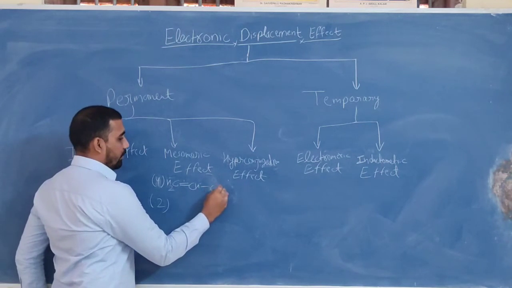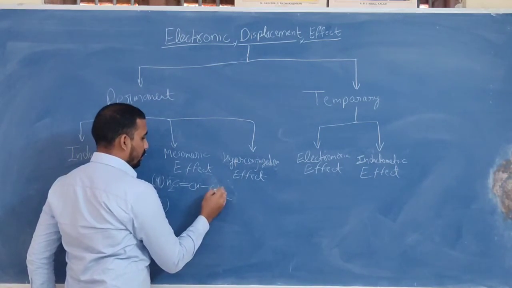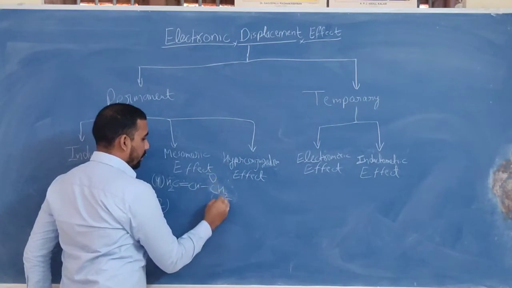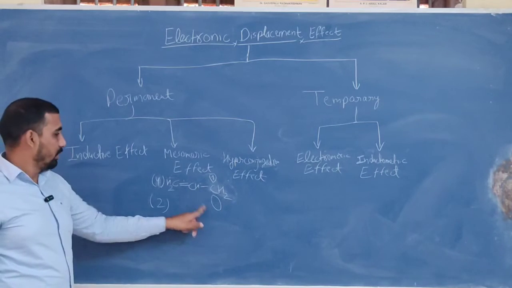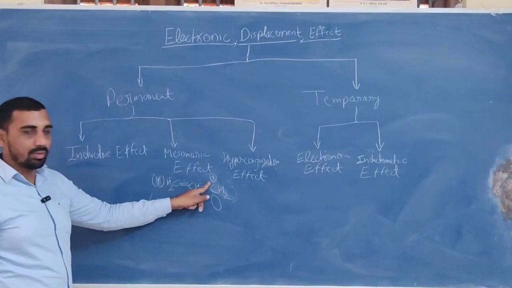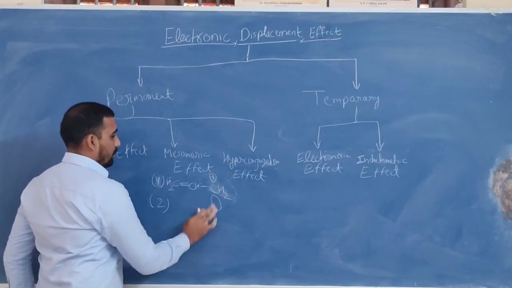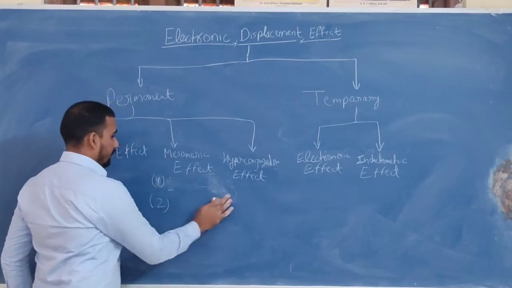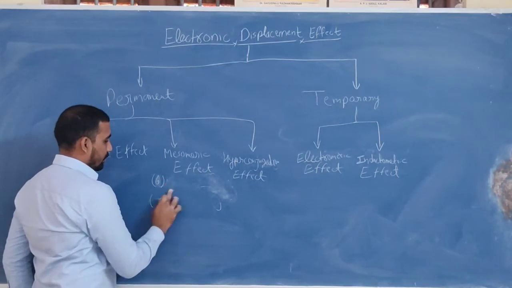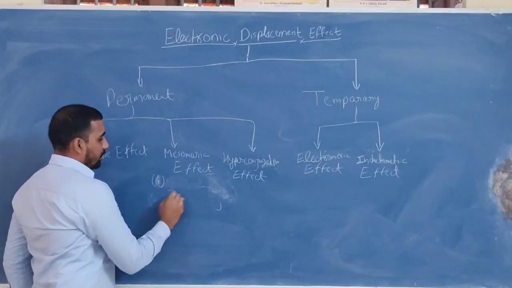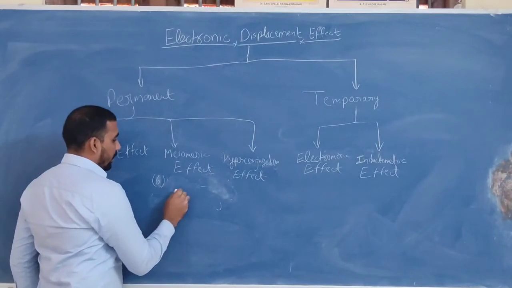The fifth case is where we can have a radical here. Let's say we have a p orbital and a radical, which is also electron deficient, then this pi electron can move into this vacant p orbital. That was the fifth case. Now the last and final case is that even in the absence of a pi bond, this mesomeric effect can happen.